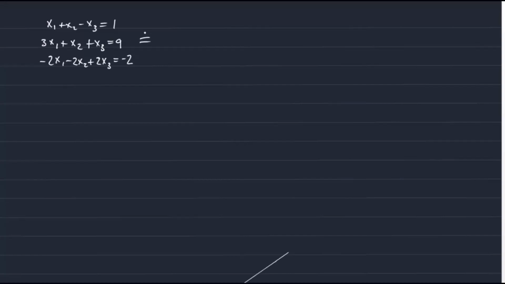And this gives the matrix 1, 1, minus 1, 1, 3, 1, 1, 9, and minus 2, plus 2, and minus 2.